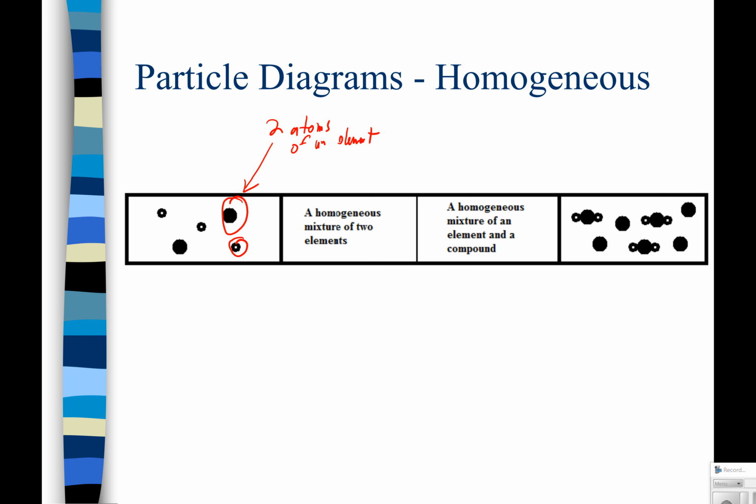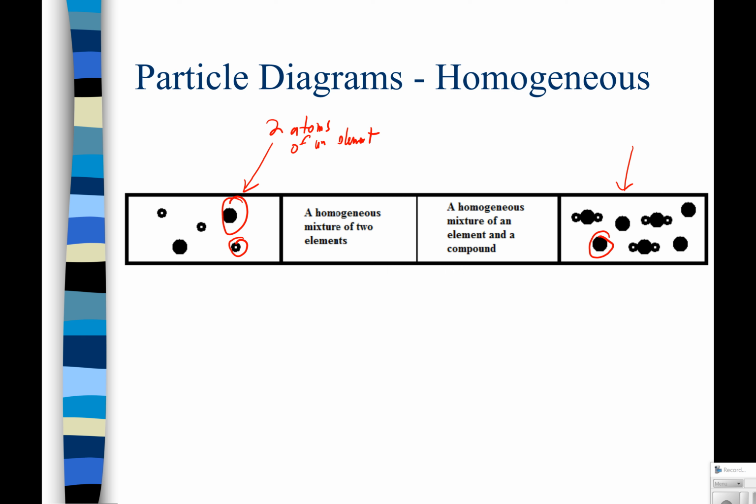And it's homogeneous because they are evenly spaced throughout the container. On the right side, we have again a homogeneous mixture because everything is evenly spaced in there. But now we have an element and a compound. We have a solid large circle, and then that solid large circle with two smaller ones.